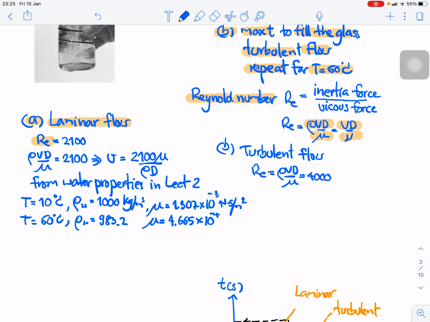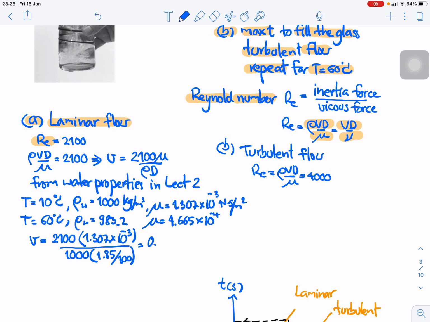Okay, so we can find the velocity by substituting the viscosity and density in this equation. Convert to meter.